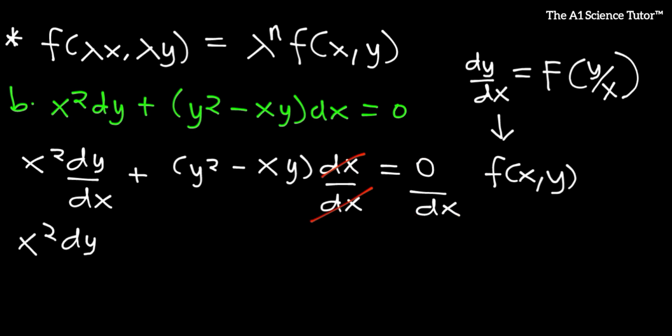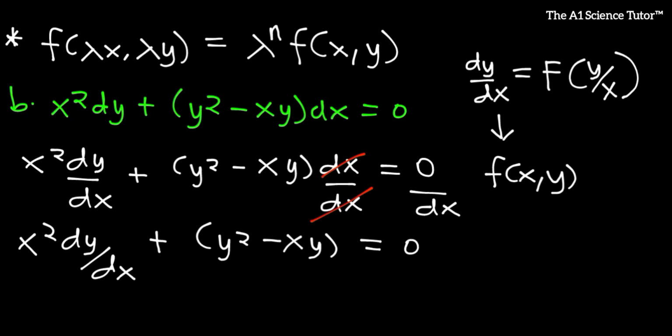x squared dy dx, plus y squared minus xy, equal to 0. So the next thing I need to do, I need to make sure that dy dx is isolated. So I need to take this to the other side. That is the first step. So that will leave me with x squared dy dx on the left hand side.